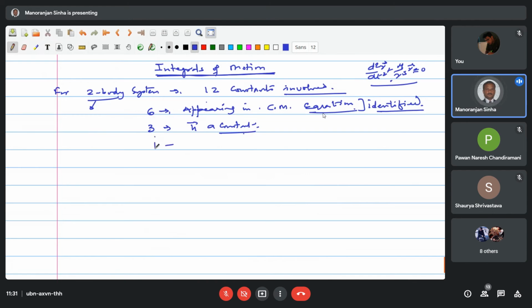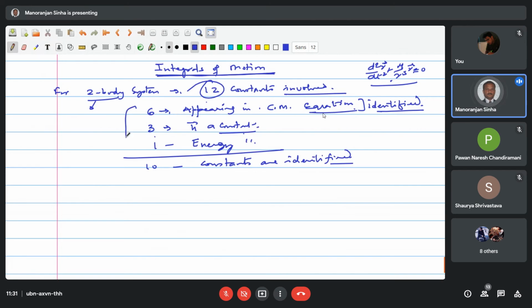One more constant can be identified, which is energy is constant. So a total of 10 constants are identified. While there are 12 constants involved, so in explicit sense we cannot solve this problem.